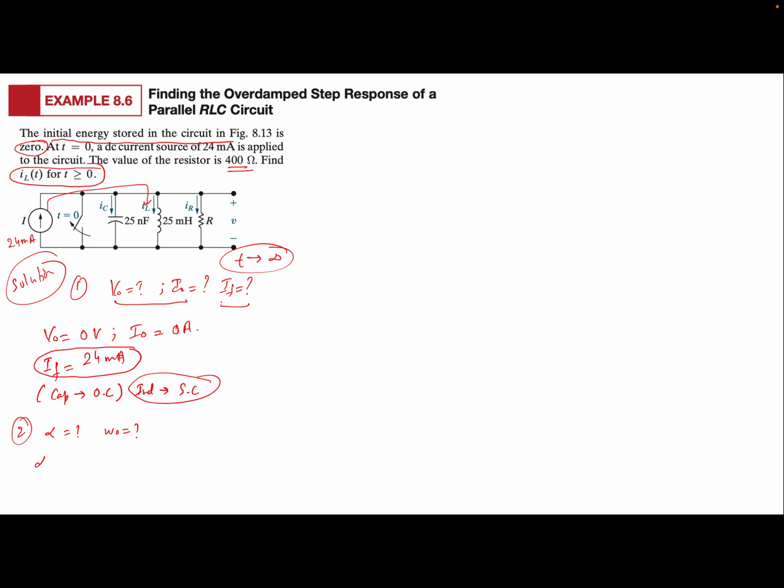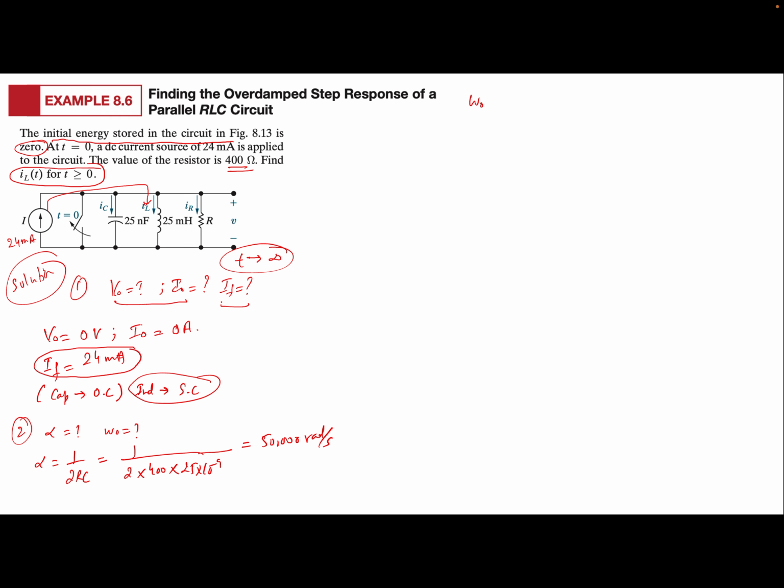So alpha is 1 over 2 times RC: resistance is 400 ohms, capacitance is 25 nanofarad. The value of alpha, if you solve this, comes out to be 50,000 radians per second.